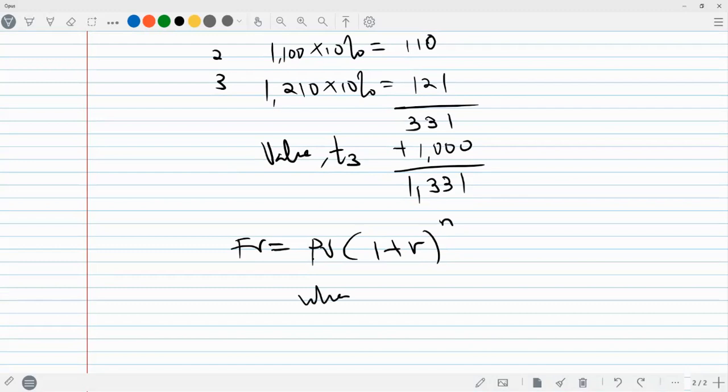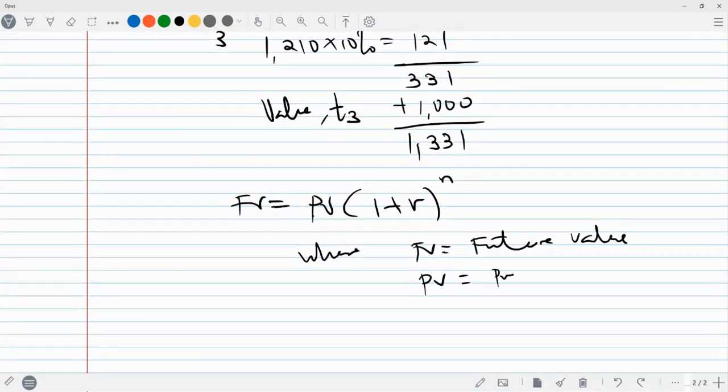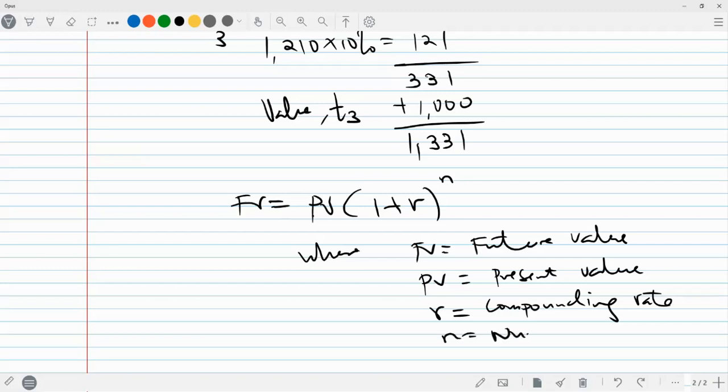Where FV is the future value, PV is the present value of the amount we are investing, R is the compounding rate for the period, and N is the number of periods. They can be years, months or weeks. For our context, the periods are in years.